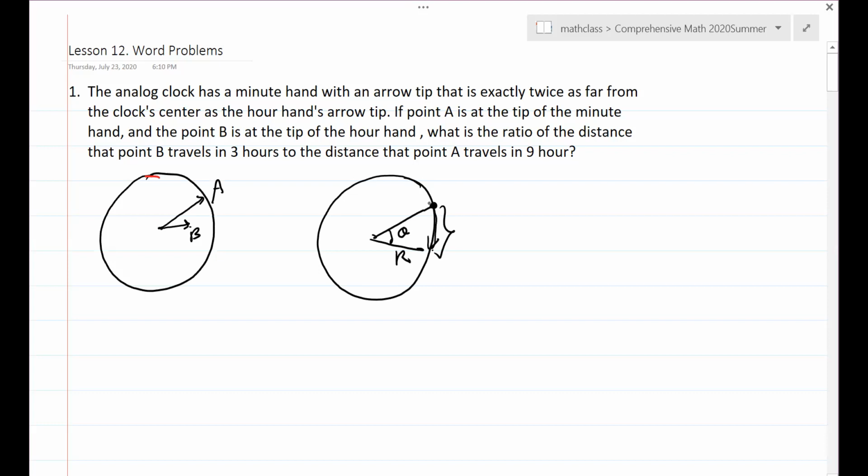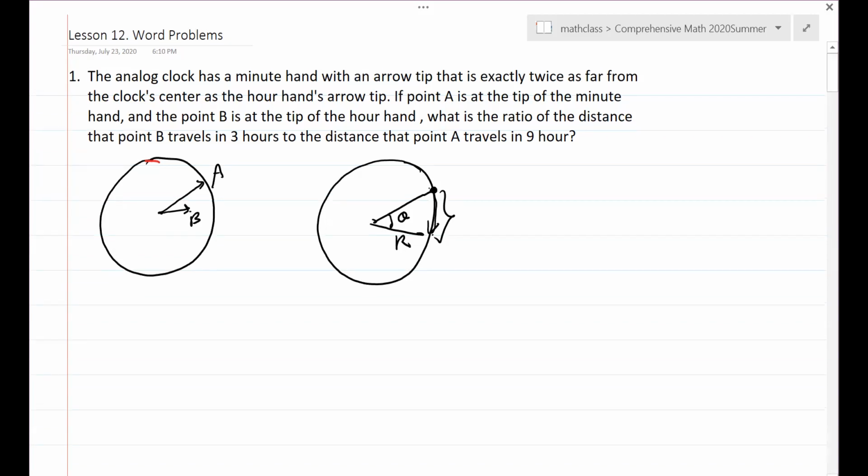Suppose this is a minute hand, the tip travels. So we need the arc length formula. The arc length between those 2 points is the distance the tip of the hour hand or minute hand travels. It's going to be theta times r.